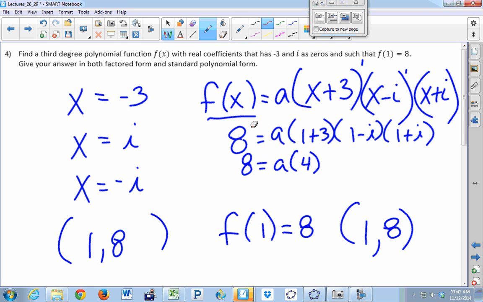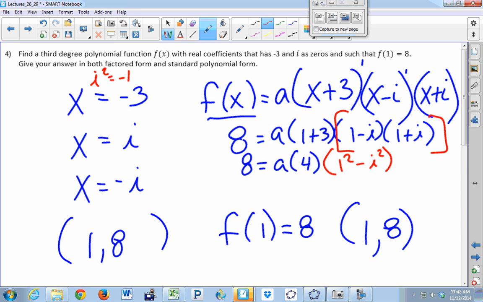And now when I use my FOIL here to multiply that out, notice these factors look identical except for their operations. This is the difference of perfect squares, which means I'm not going to have a middle term here. I'm going to square my 1 minus square my I. And if you recall, I square was equal to -1.